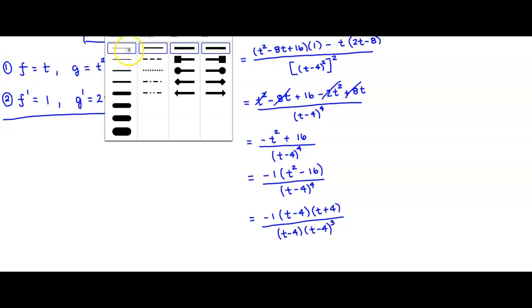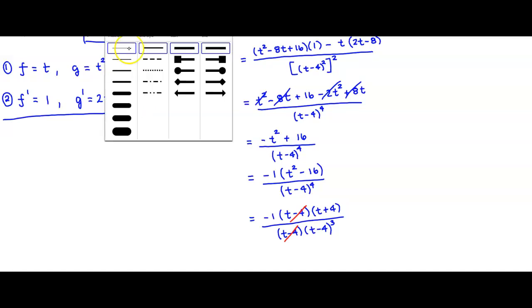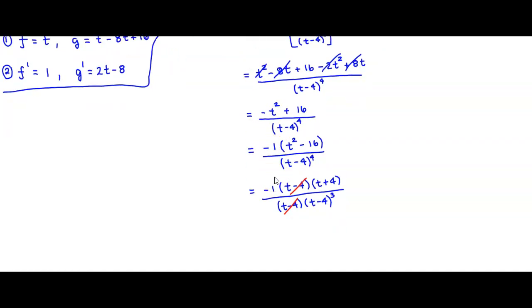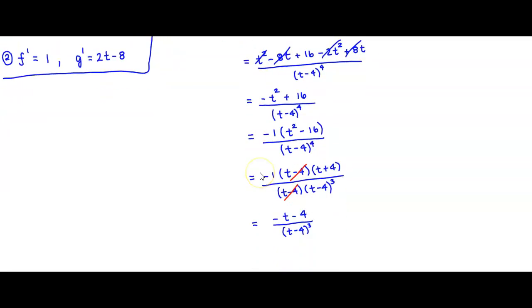And so that allows us to then simplify the t minus 4. And so therefore, in the numerator, if we distribute the negative now to the t plus 4, we get negative t minus 4 over parentheses t minus 4 to the 3rd power, and therefore that's going to represent our derivative.